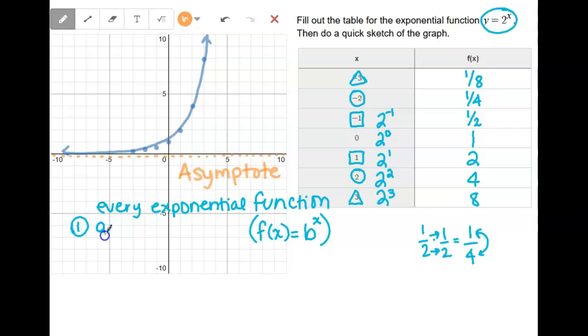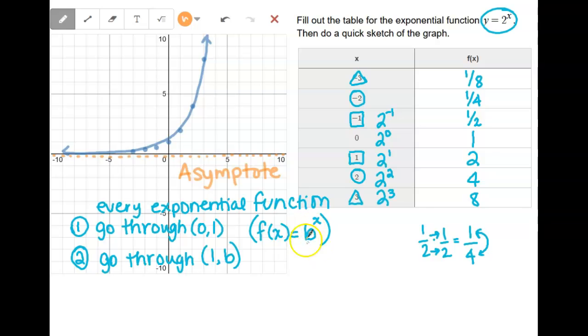Number one, they all go through the point 0, 1. Okay, they also go through the point 1, b. Okay, so what does that mean? Well, whatever this number is here, that's going to be the same as this number here. This is a b, not a 6. Okay, so 1 comma b. That's this one right here. These two are the same thing.